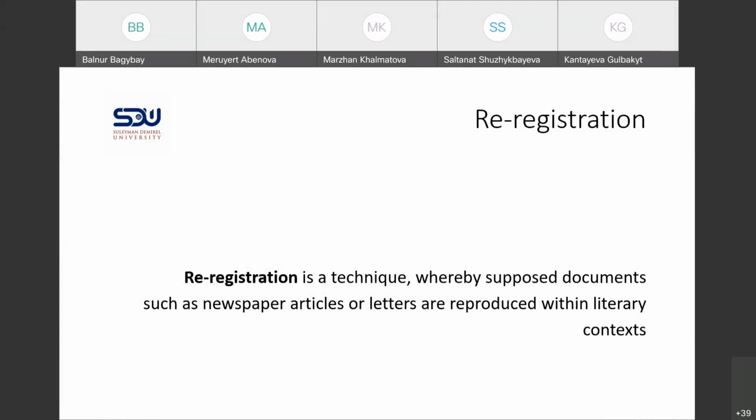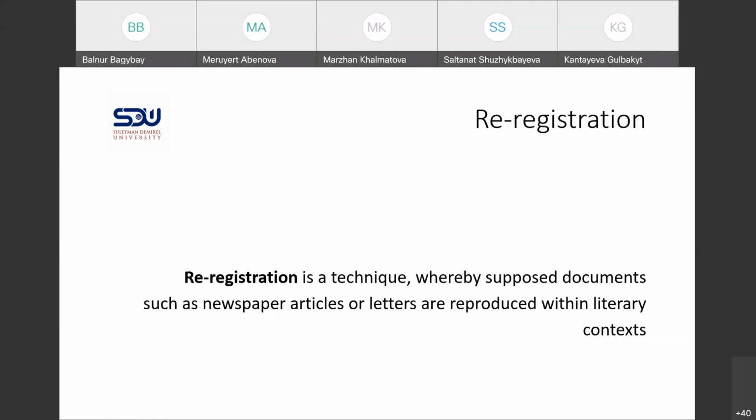What is re-registration? It is a technique where supposed documents such as newspaper articles or letters are reproduced within literary contexts. For instance, instead of using some kind of official style, we may use literary lexis in the newspapers.